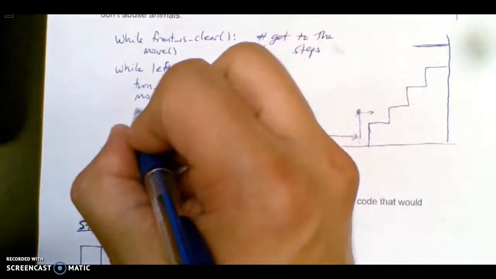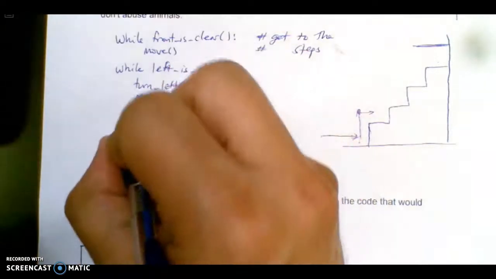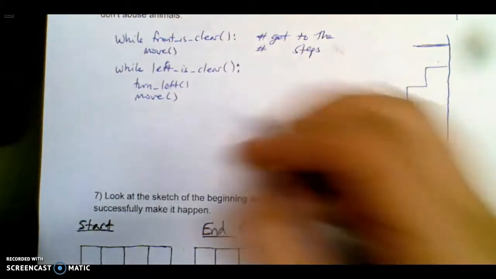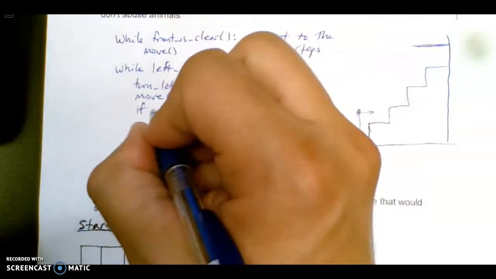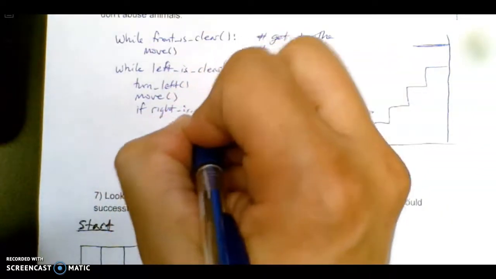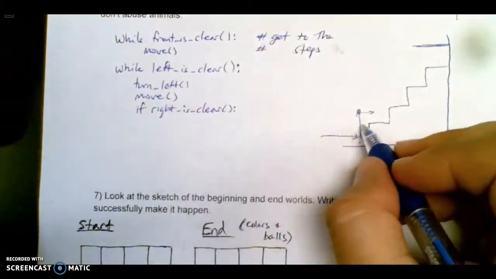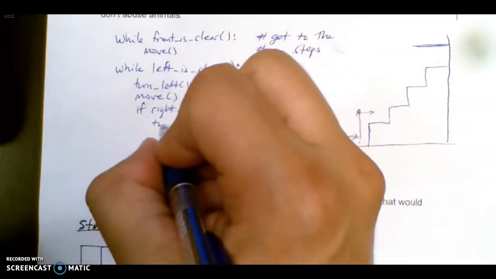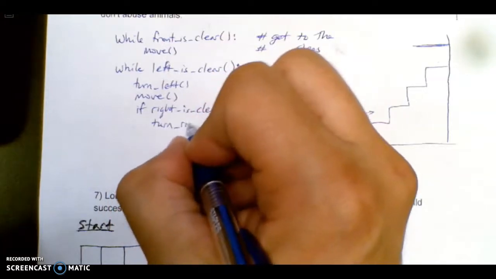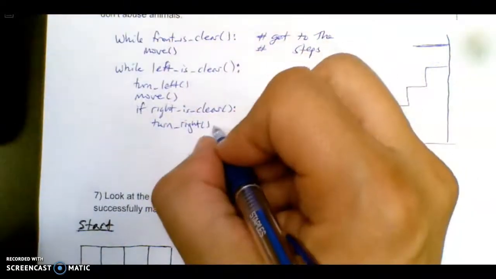So here we're going to say if right is clear, because I'm going to be facing up and below me is right. If right is clear, we're going to turn right and move.